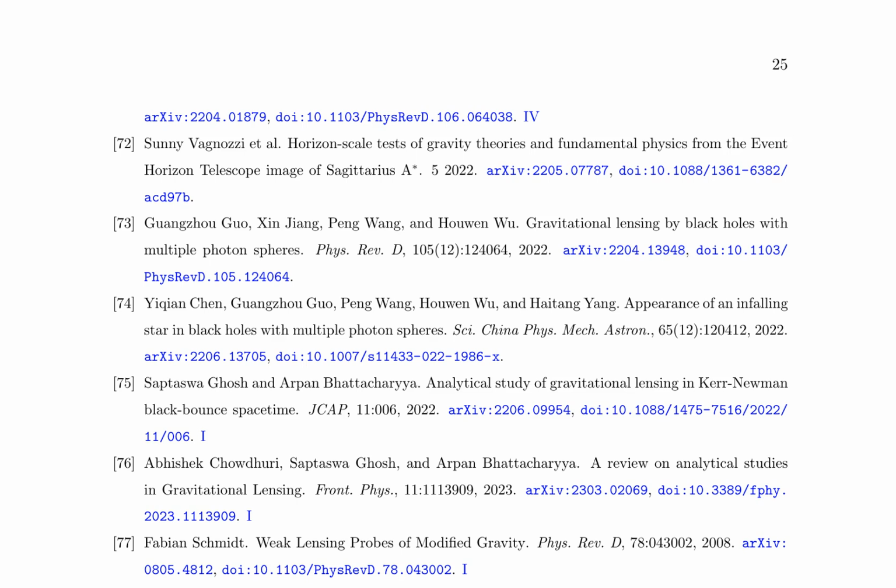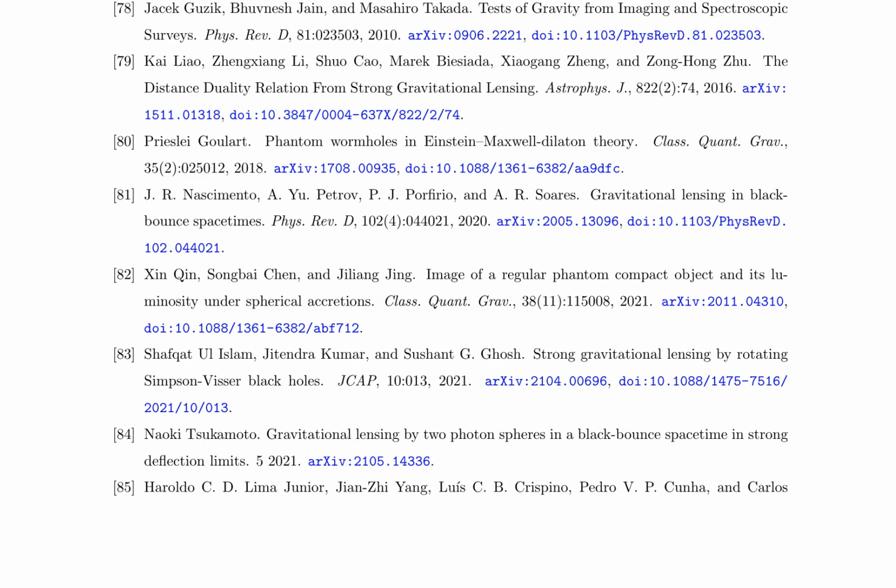The paper also reviews studies on gravitational lensing in various spacetime geometries, including rotating black holes and phantom compact objects, demonstrating significant variations in lensing effects based on spacetime properties. Additionally, it discusses the potential for using gravitational lensing as a tool for testing theories of gravity beyond general relativity.